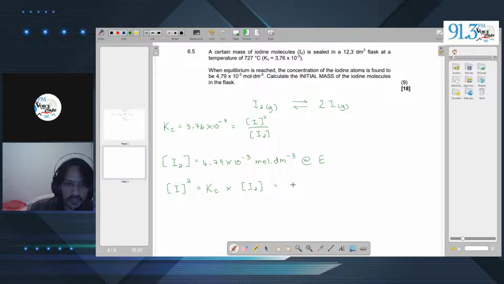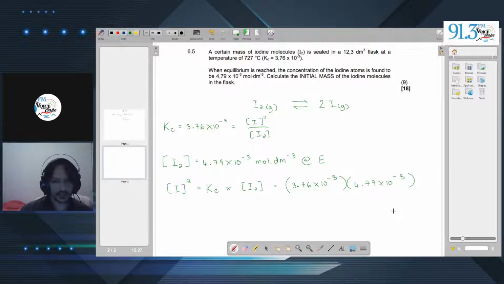Now this is going to equal 3.76 times 10 to the minus 3 times the concentration of the iodine, which is 4.79 times 10 to the minus 3.